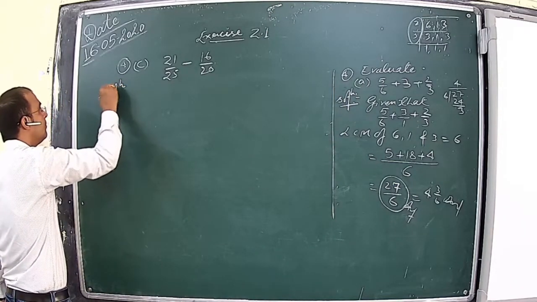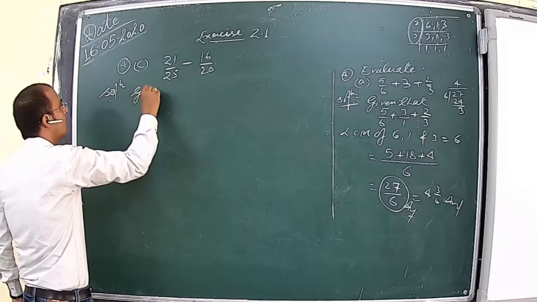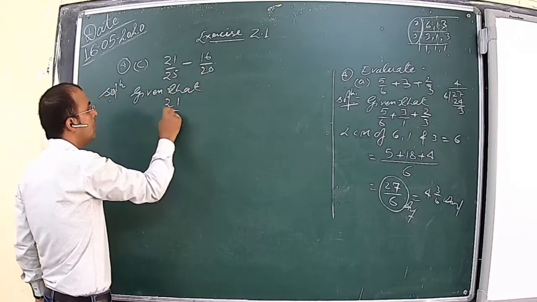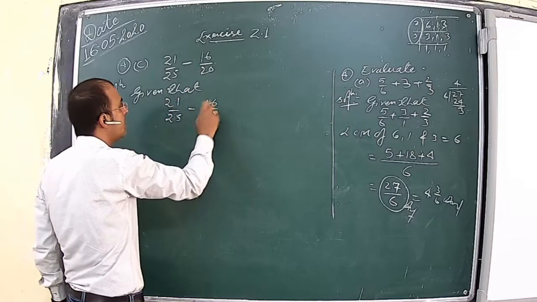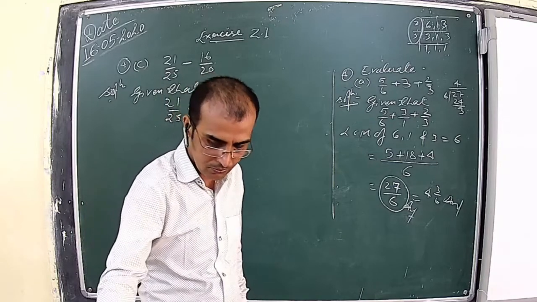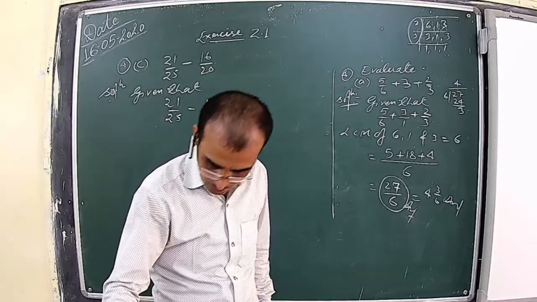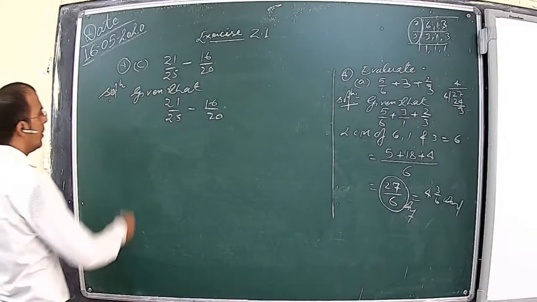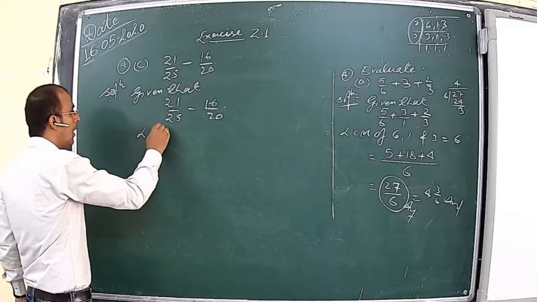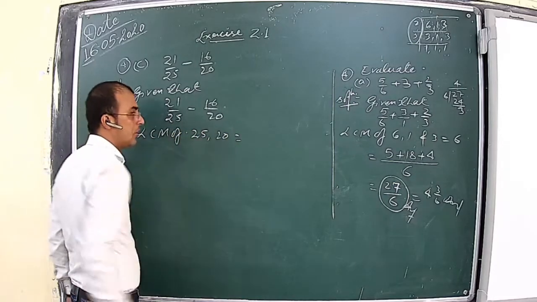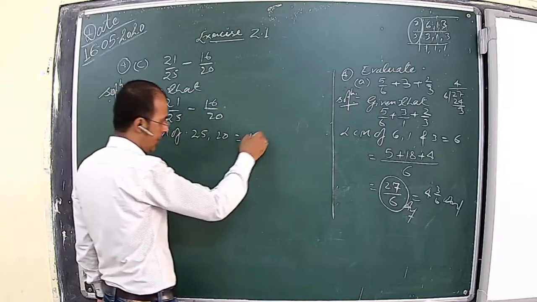You will see, given that 21 upon 25 minus 16 upon 20. Is it clear? Now the LCM of 25 and 20 will be, I am sure, 100.